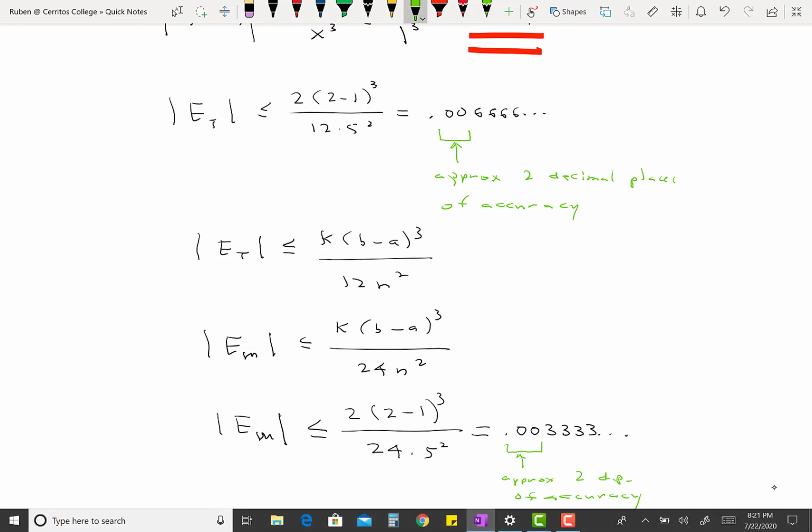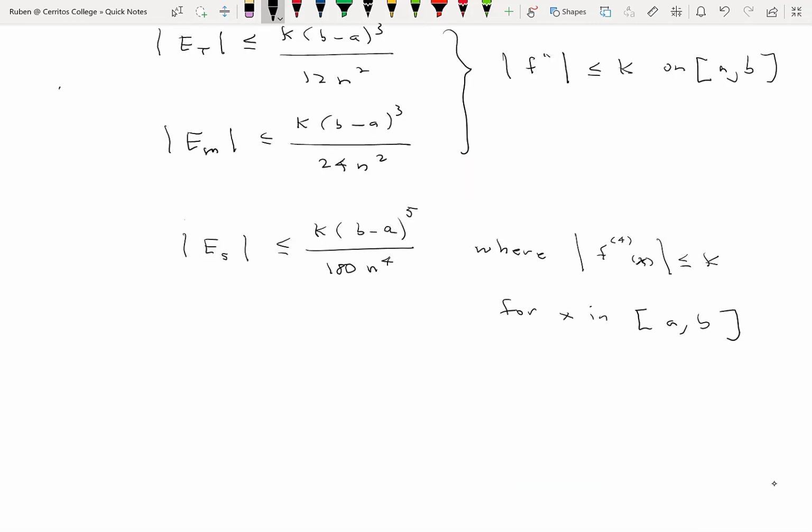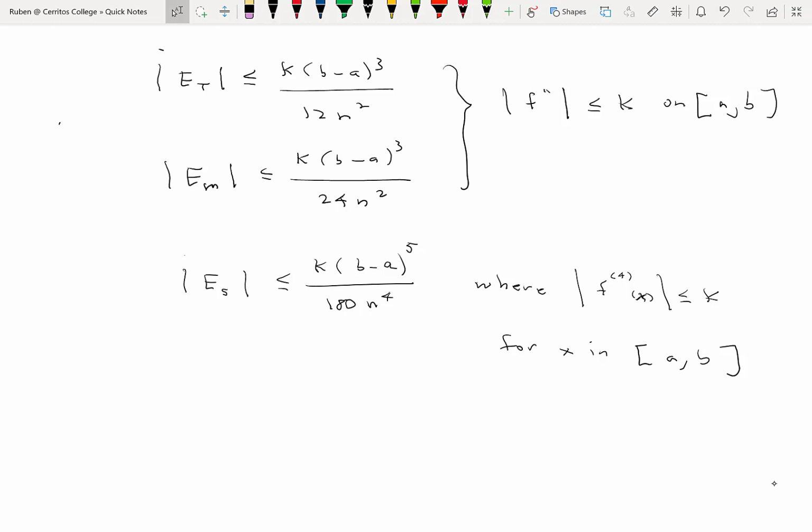We get a different formula and a different kind of K. In the first 2 lines you see on your screen, those are once again the 2 error estimates for the trapezoid rule and the midpoint rule, where K is based on the absolute value of the second derivative being less than or equal to K. Now here's the error estimate for Simpson's rule.